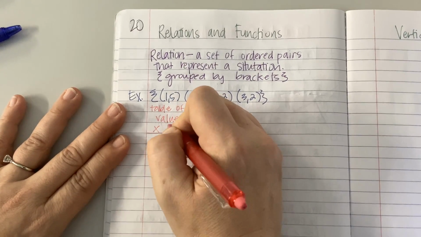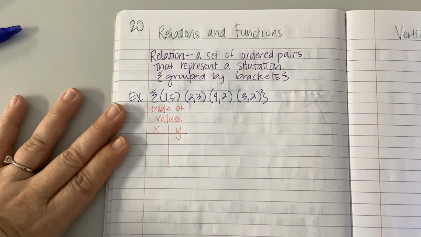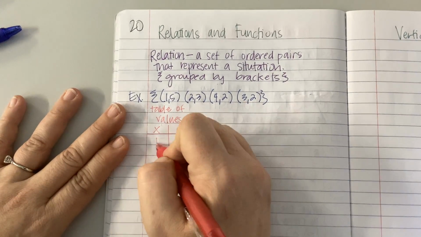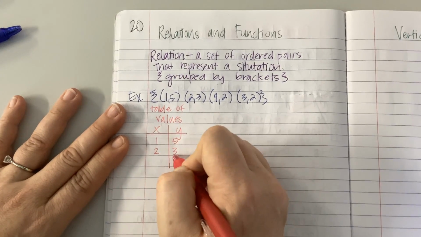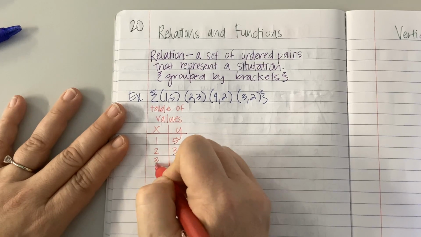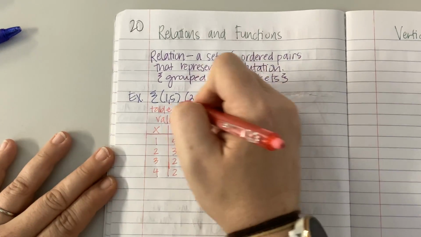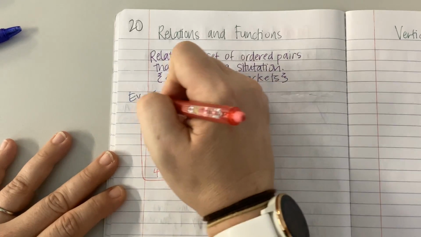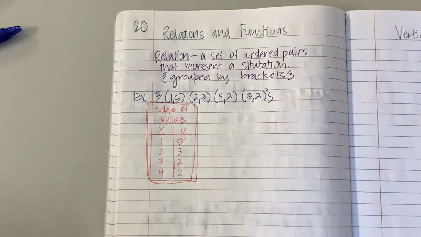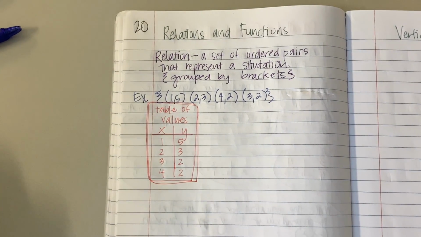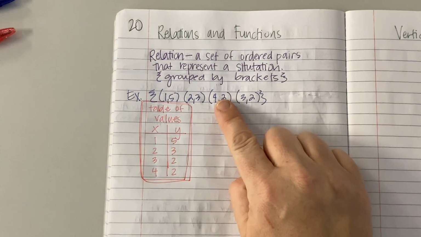X, comma, Y, and then I make a table. 1, 5; 2, 3; 3, 2; 4, 2. In this table of values, what's different from my table of values to my set of ordered pairs? I have 4, 2 here.